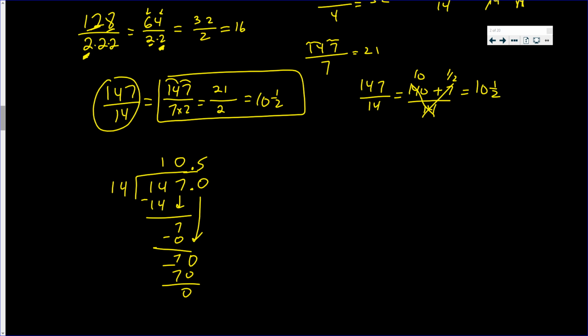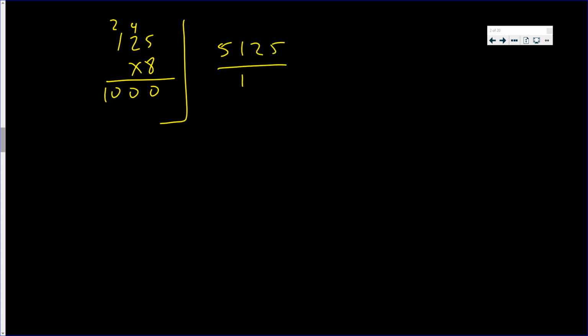Okay. Now, one last type. 125 times 8, if you bother to work it out, is 1,000. So now you can divide numbers by 125. If you have 5,125 divided by 125, instead of dividing by a 3-digit number, I'd multiply by 8.